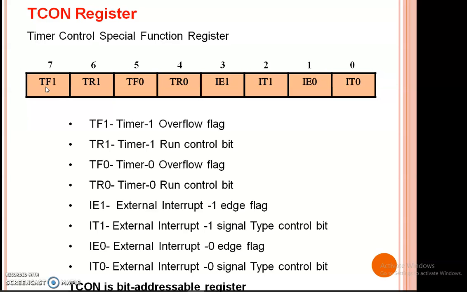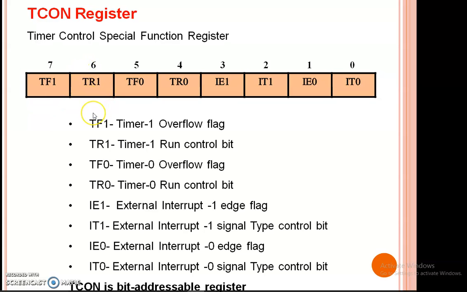Whenever we are working with the timers, we have to store some number into the timer to get some specified delay. Let us take one example. I have loaded 2367H into timer 1. Then after loading the number, I have to run the timer with the help of TR1.